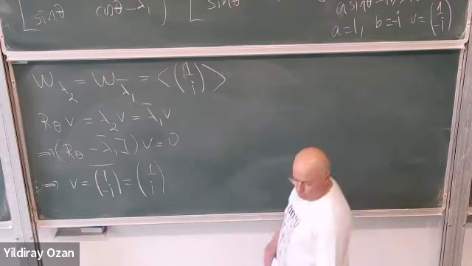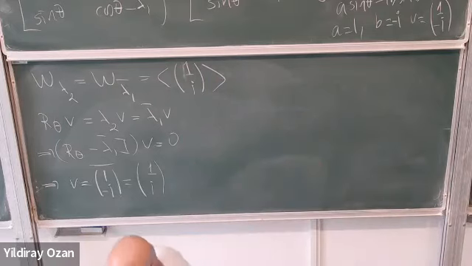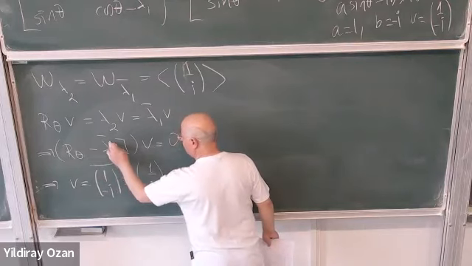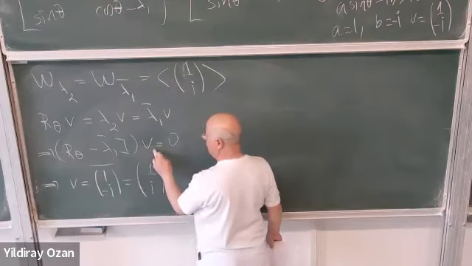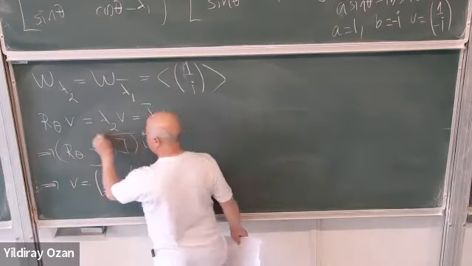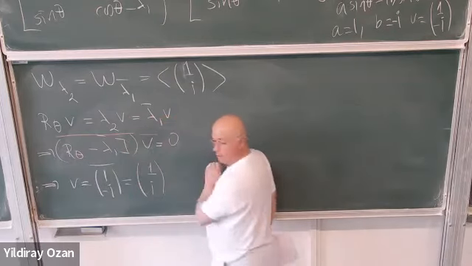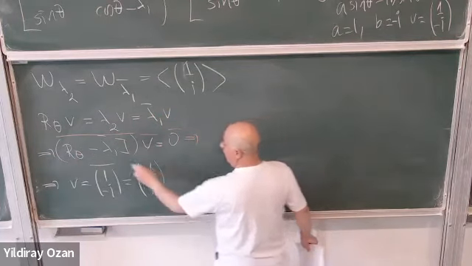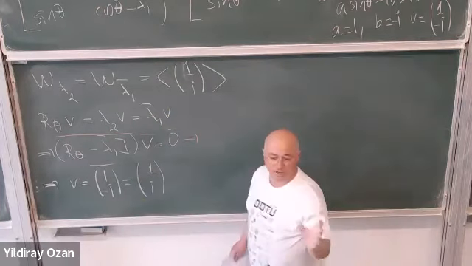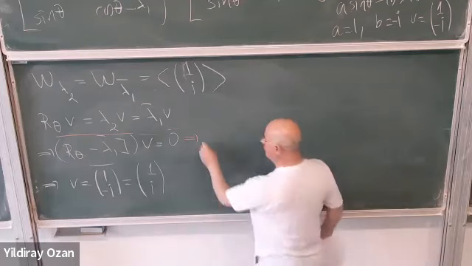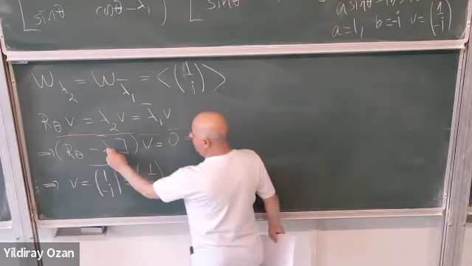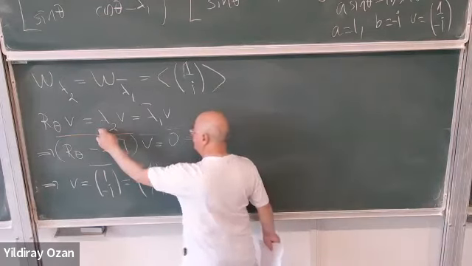Just take the conjugate of this equation. R theta minus lambda 1 conjugate identity times V equals 0. Take conjugate of this. So you get what? R is a real matrix. Its conjugate is just R theta minus lambda 1 conjugate, and then you take another conjugate.